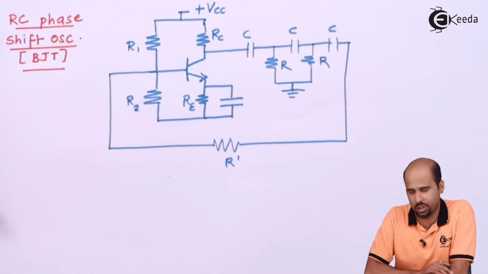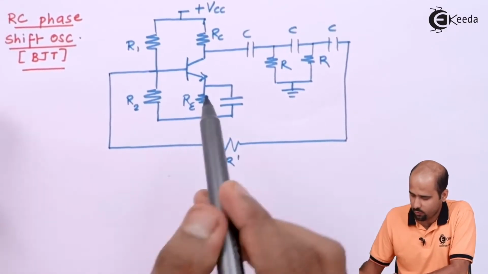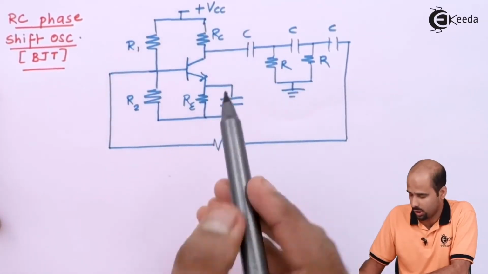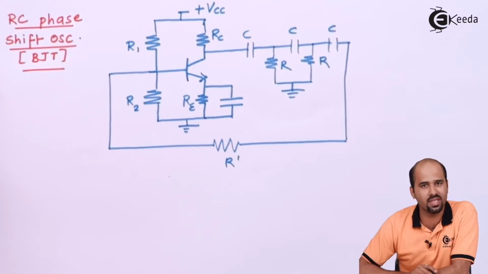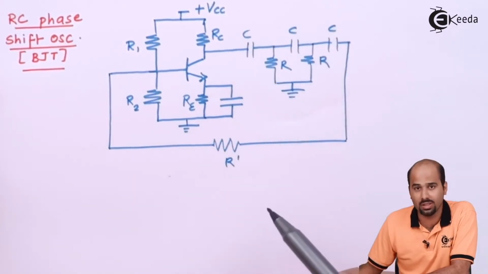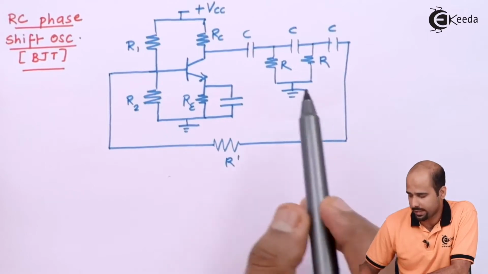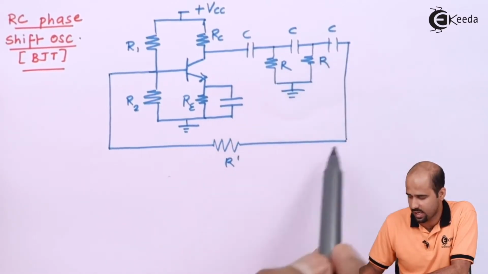Now look at this particular circuit. First of all, what I have formed is familiar to you all, and that is nothing but a CE amplifier. Whenever I consider a CE amplifier, it gives me 180 degree phase shift. Whatever I have drawn after that is your feedback circuit, and it comprises RC, RC and this RC.